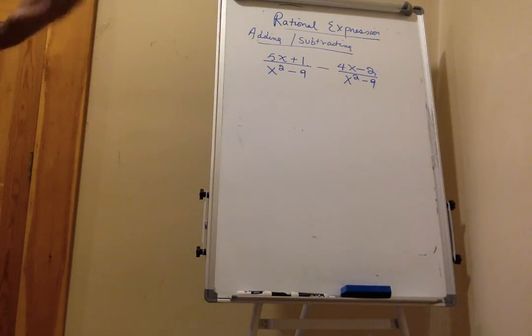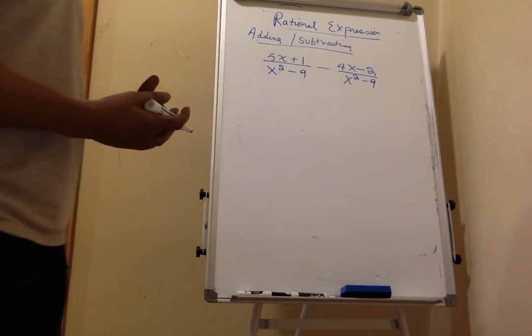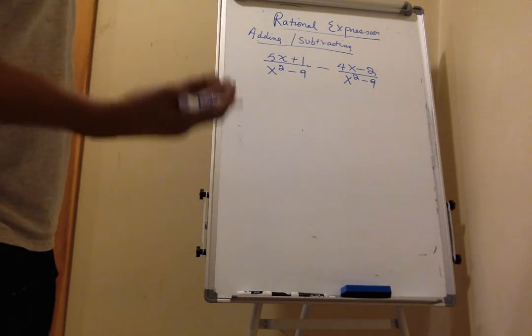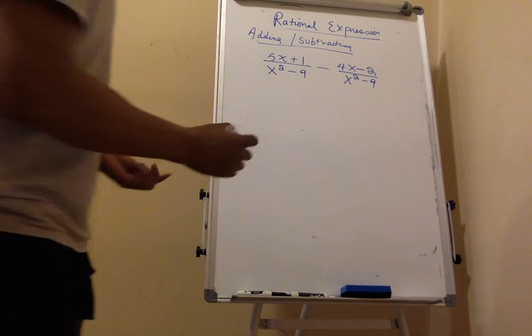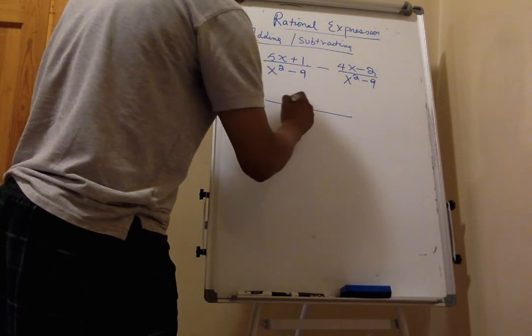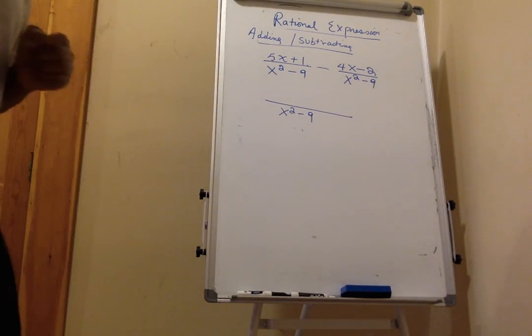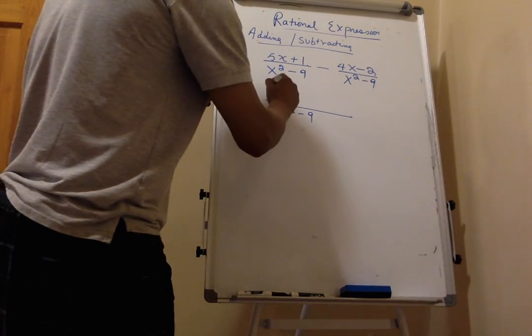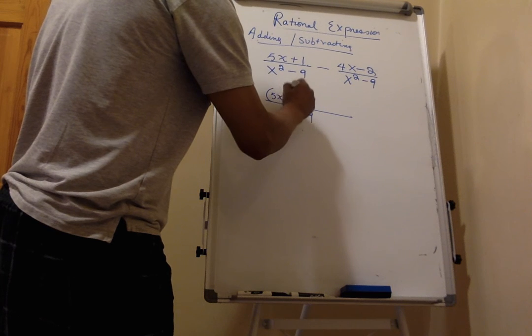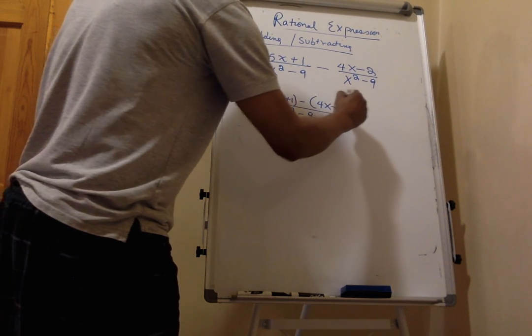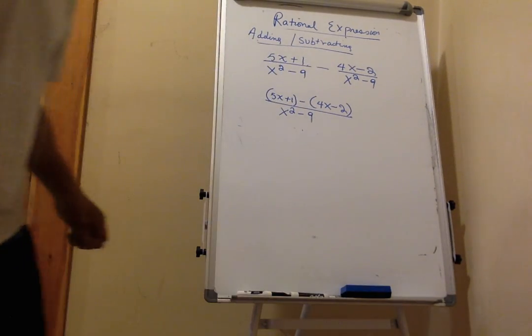Now, since we have the same denominator, I can write this as one rational expression as opposed to two rational expressions. So I'm going to rewrite this x squared minus 9 at the bottom. Then I have 5x plus 1 minus, make sure to put a parenthesis because the negative sign is distributed.